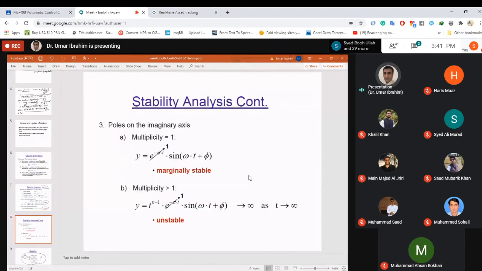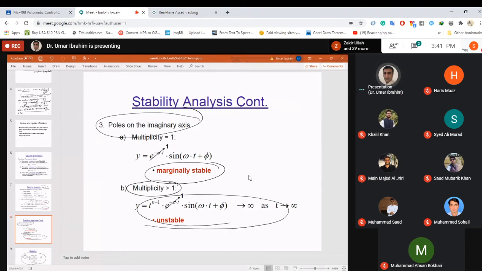If the poles are on the imaginary axis, they might be marginally stable if they are non-repeating imaginary poles, and they will be unstable if their multiplicity is greater than 1, if they are repeating imaginary poles.